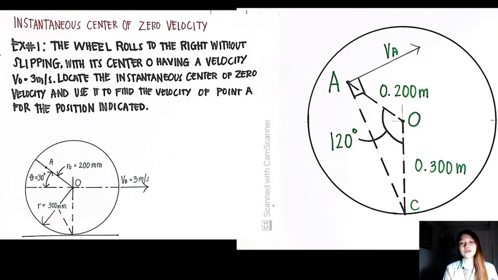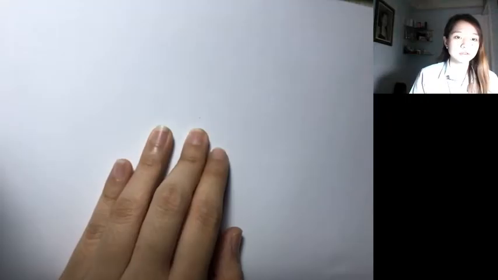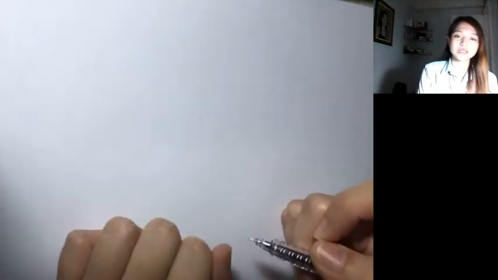As you can see, we have 30 degrees, and in the FBD, it's already 120 degrees. We will tackle that later. So moving on, let us solve the problem.